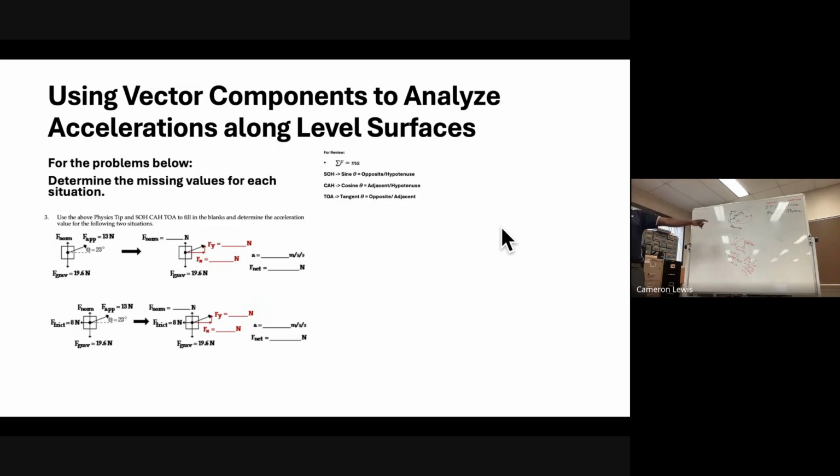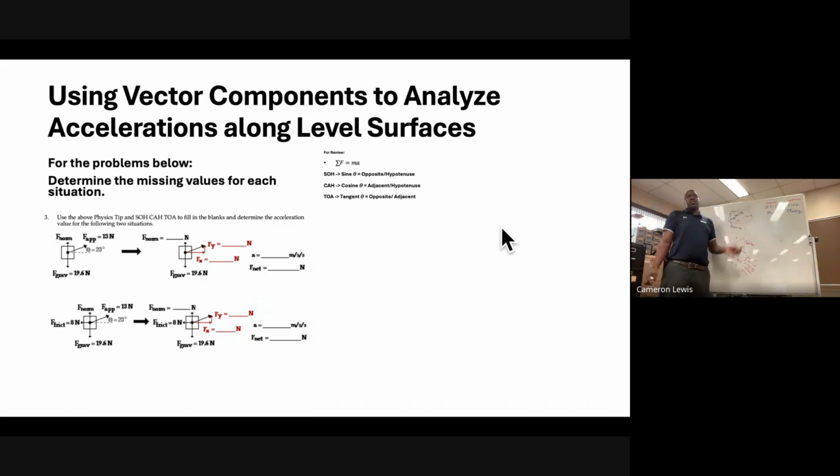So now when we're looking at it here, I can solve this problem in the same way that we did before, right? We still want to find this acceleration. What is the sum of the forces in my x now?